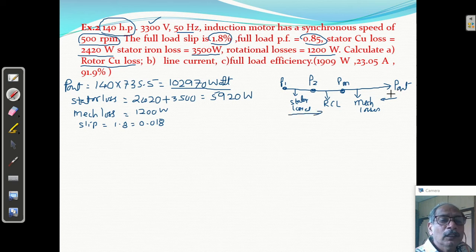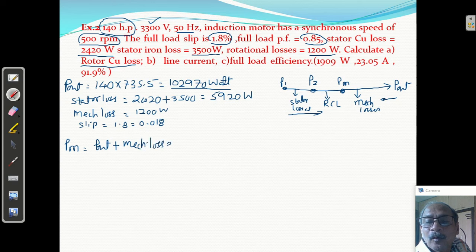Anyway, P out is known, mechanical losses is known. You can calculate PM. So what is PM? PM equal to P out plus mechanical losses.